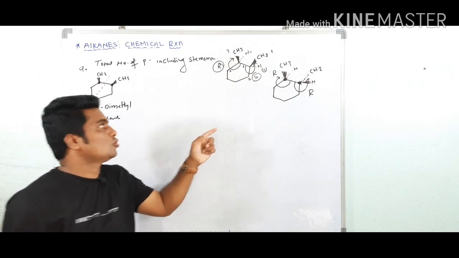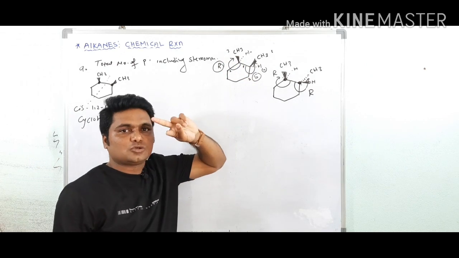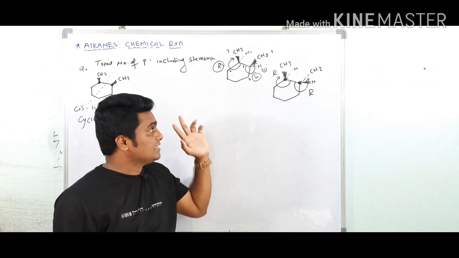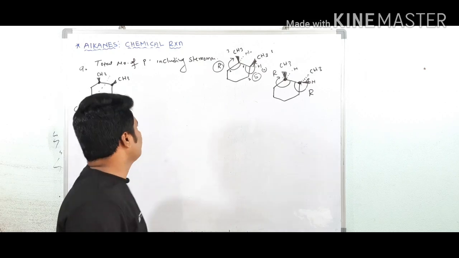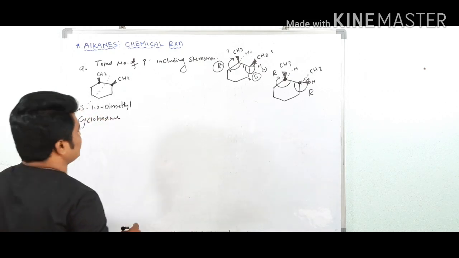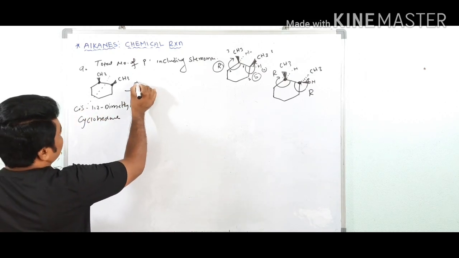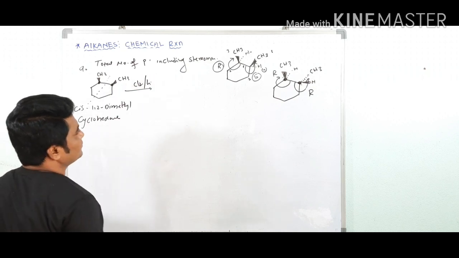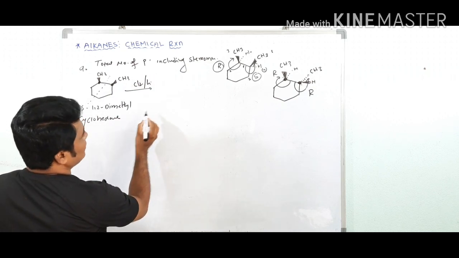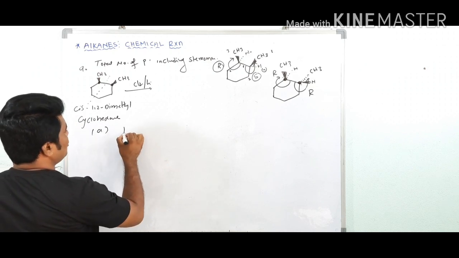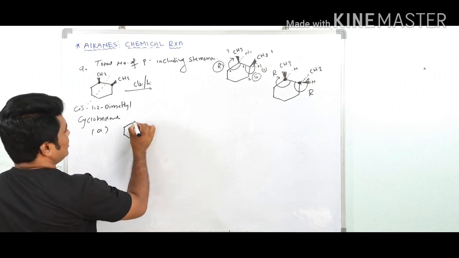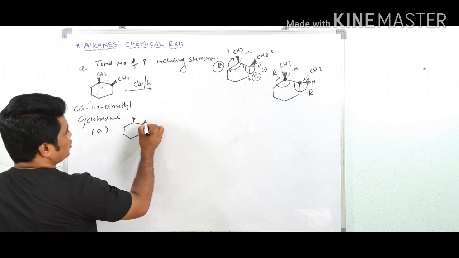So when you do the monochlorination on these two carbon atoms, you will get two different products. Understood? This is the difference between cis and trans. This is a very important concept. Okay, now let's draw the structures. So if you do the monochlorination, the first, here I am writing A. If you draw the structure, this is above the plane, here also above the plane.